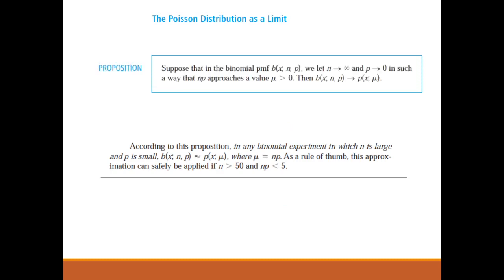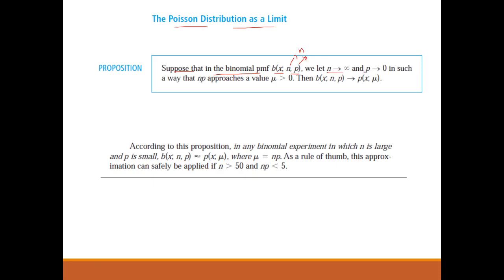Now, Poisson distribution as a limit. Suppose we have a binomial distribution b(x; n, p), where p is the probability of success and n is the number of trials.